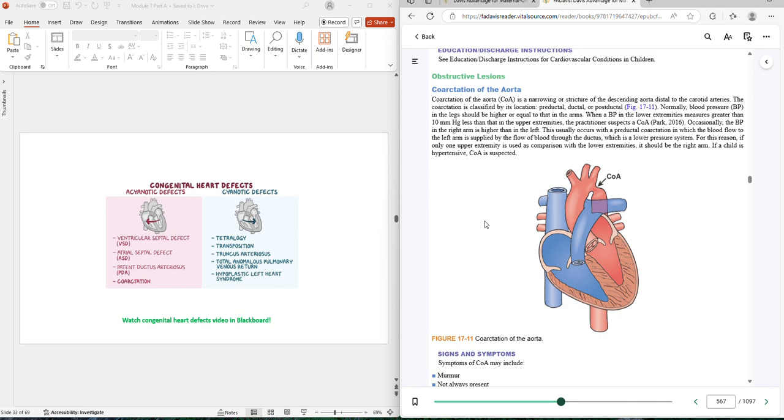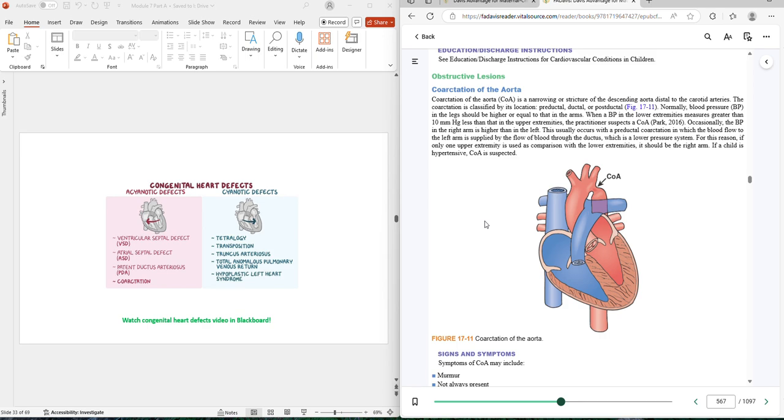That's why we do the CCHD, which is the critical congenital heart defect test, where we check the blood pressure like on the right lower leg and the upper left arm. We're looking for these types of defects, and every baby that is discharged from the hospital should have that check done.